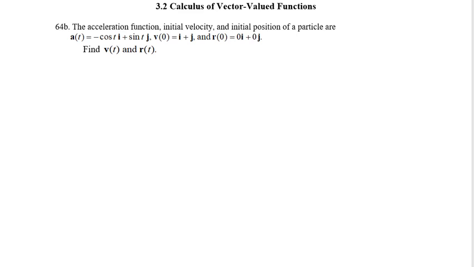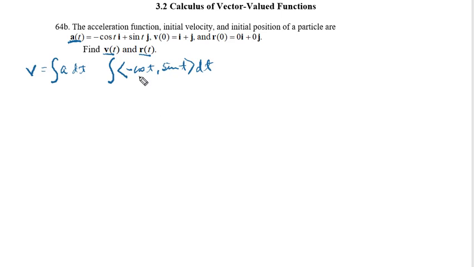In this problem, we are given the acceleration and we're asked to find the velocity and position from the acceleration. We know that the velocity is the integral of the acceleration. So we need to do the integral of the vector negative cosine t, sine t.